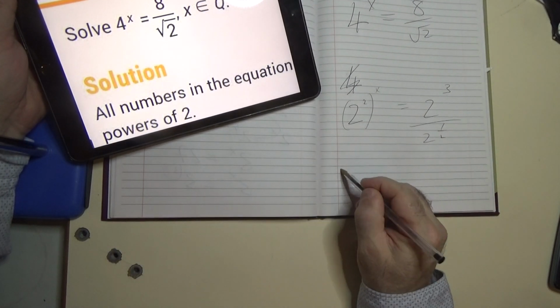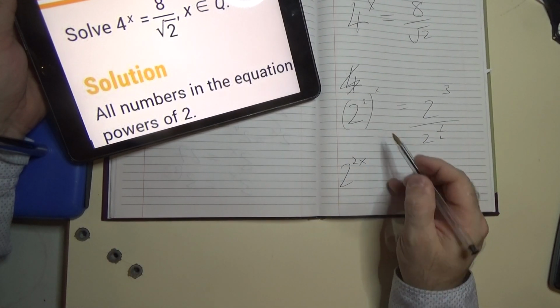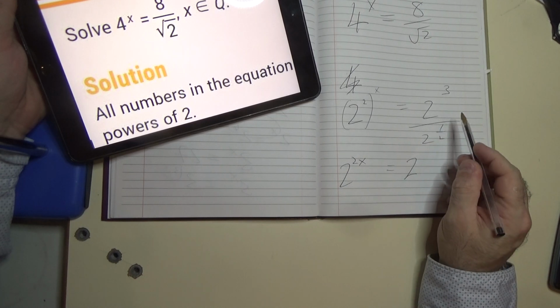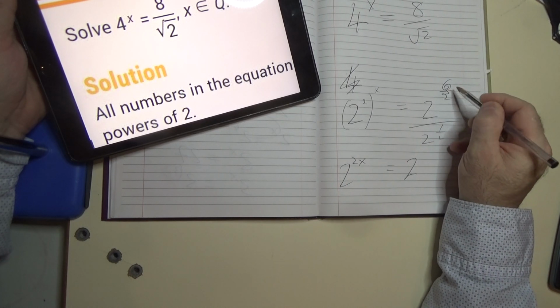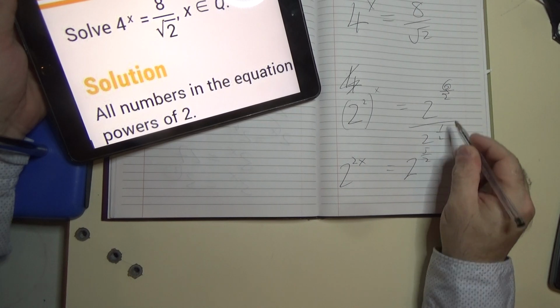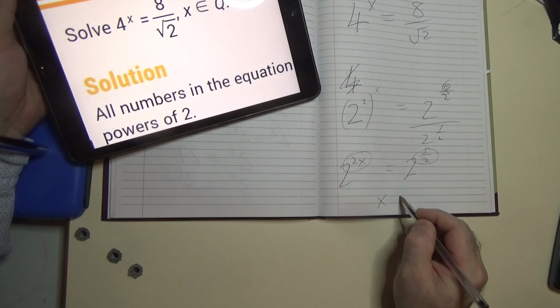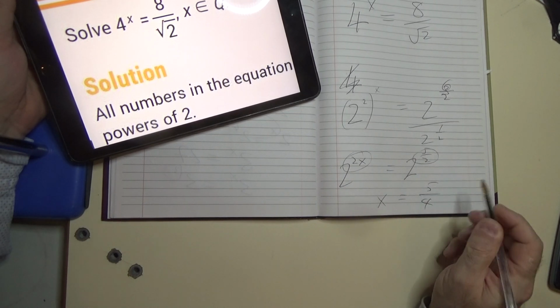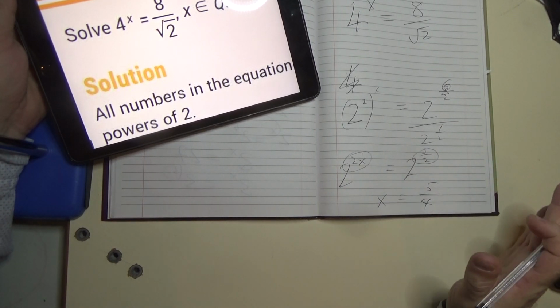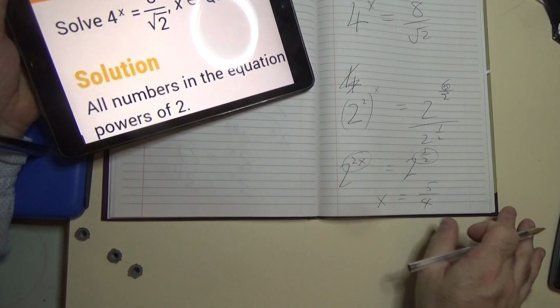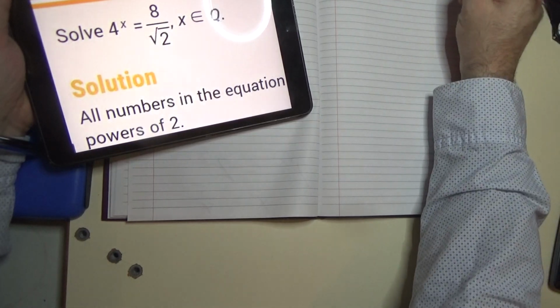Okay, 2 to the 2x equals 2 to the 6 over 2 over 2 to the 5 over 2, taking a half from 6 over 2. 2x equals 5 over 2, x equals 5 over 4. Now come on, that was hard. That's kind of honours maths, isn't it? So turn the page, 5 over 4, the answer.